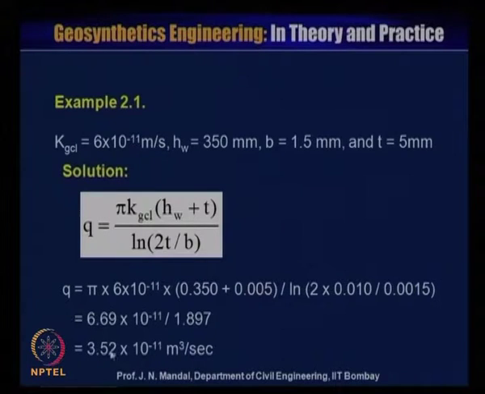So if you calculate, you can have 3.52 into 10 to the power minus 11 meter cube per second.